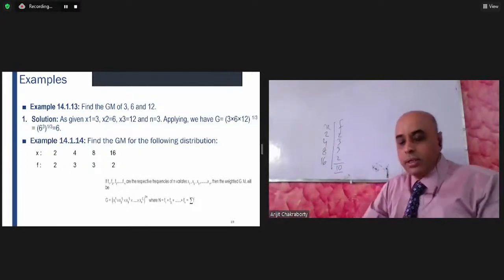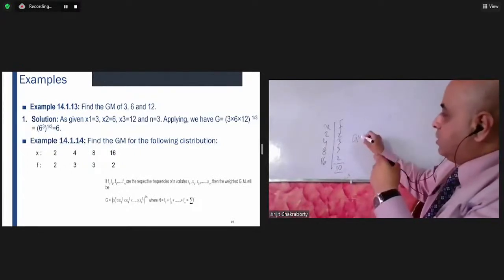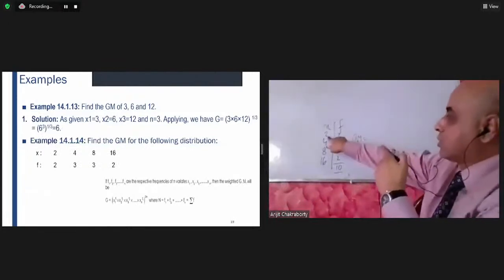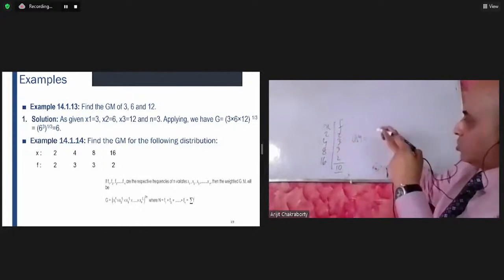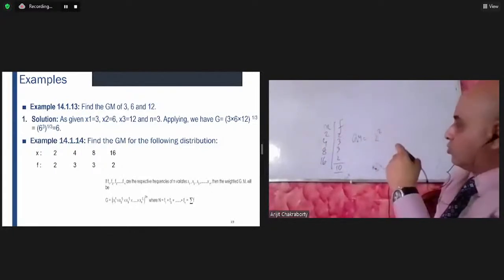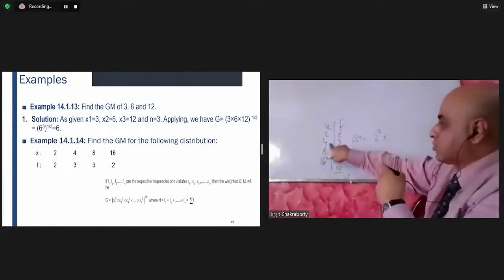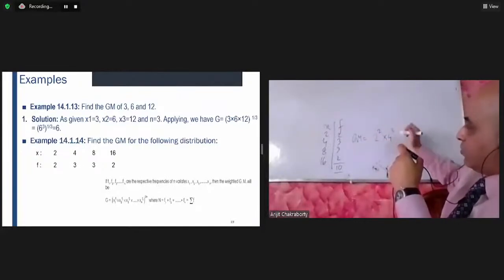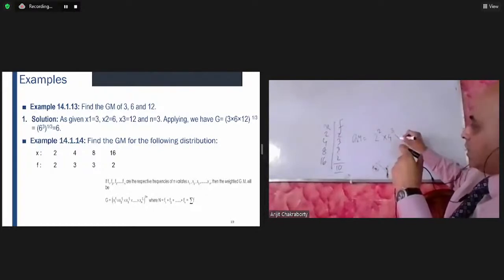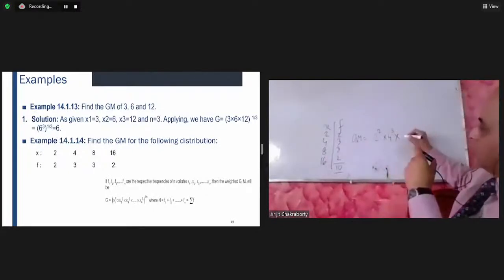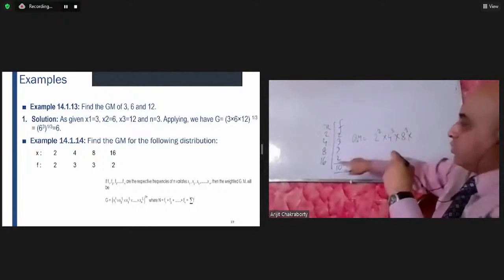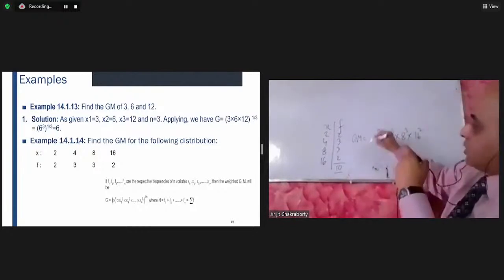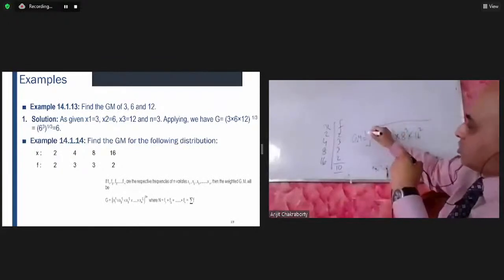Here the GM will be: the first number is 2, frequency is 2, so 2 to the power 2, multiplied by 4 to the power 3, multiplied by 8 to the power 3, and then 16 to the power 2, and then this will become the 10th root.